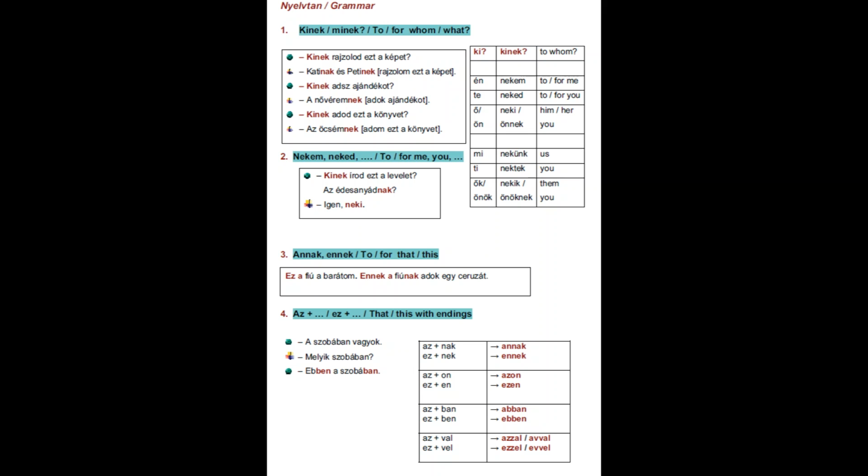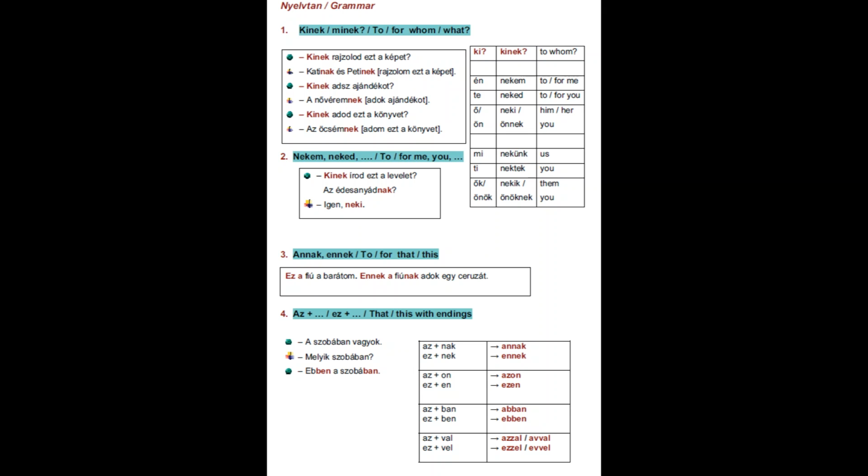Now remember, the D at the end of a verb, and od is gives. Adod is you give. Adod, te adod, you are giving. Te adod, you give it. Adod, okay?